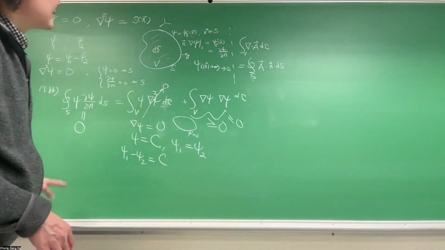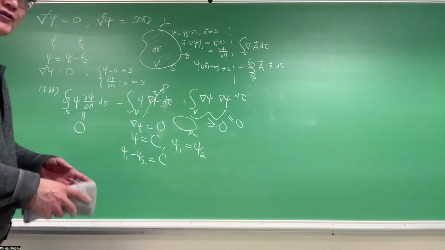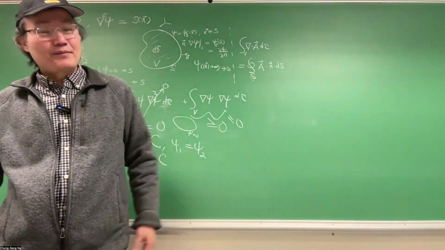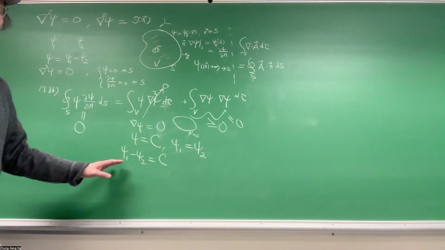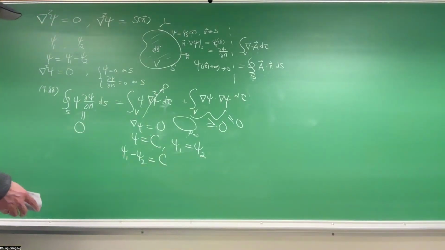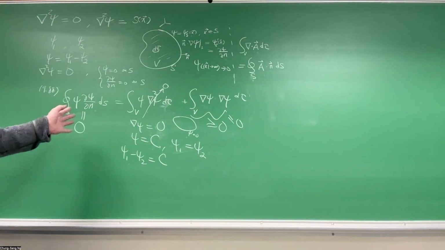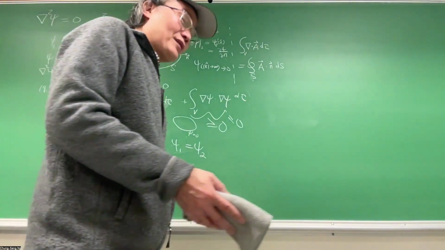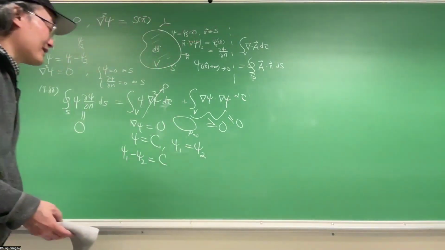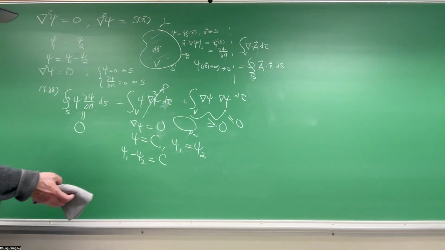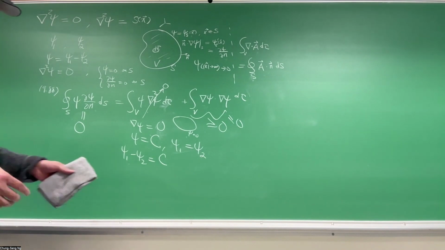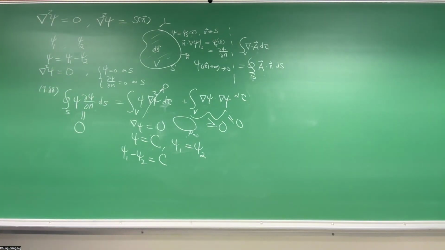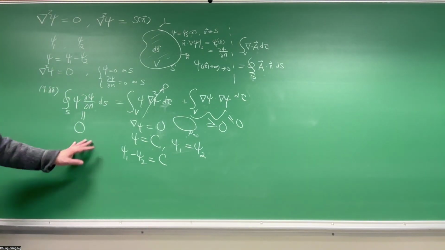But to talk about solutions for different kinds of geometry is a lot of discussion. In E&M we spend maybe half a semester on just this. Anyway, that's the discussion of uniqueness for this section. All right, any questions?